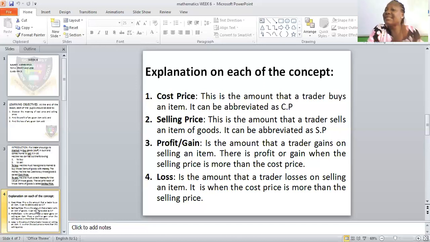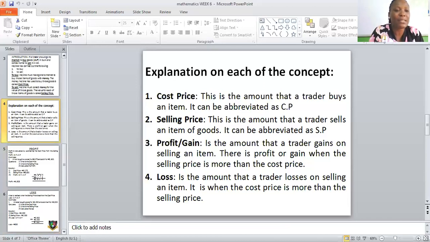Let me just say that it's still manageable. You buy it at the rate of 2 naira, you're selling it in your shop at the rate of 1 naira. Is the person gaining or losing? Losing. That is loss. It is when the cost price is more than the selling price.